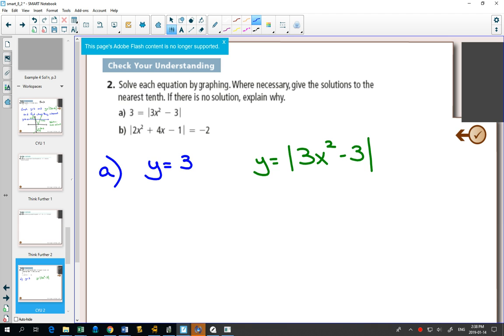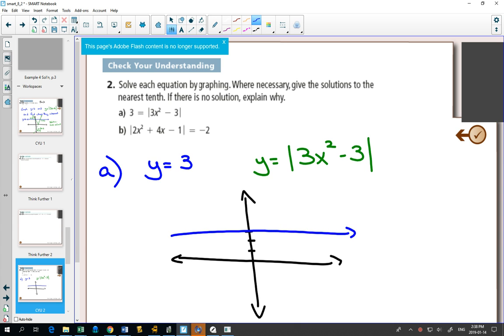So now we have to review how to graph parabolas. Okay, y equals 3. That's easy to graph. Where the y value is always 3, that is a horizontal line at y equals 3.